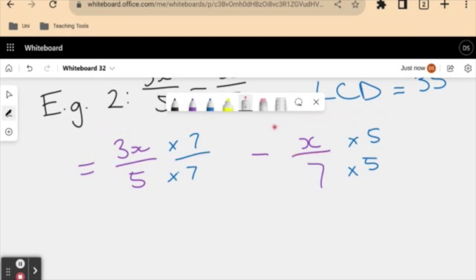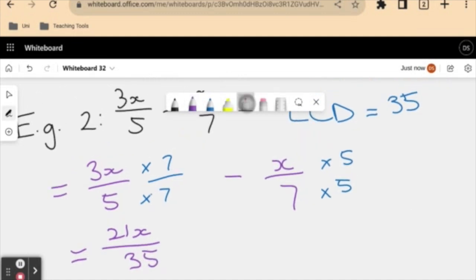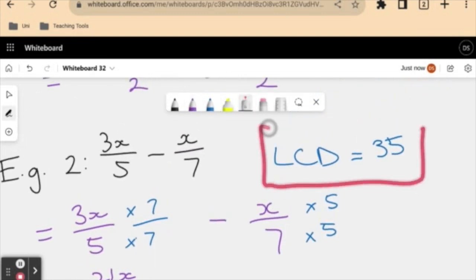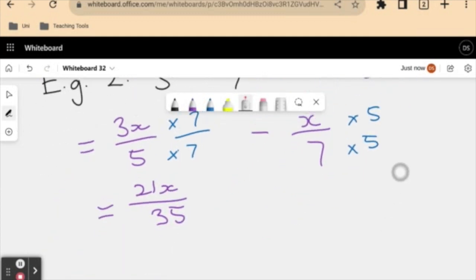So let's multiply top and bottom now, and we'll see what we get. On the top, 3x multiplied by 7 will give us 21x, and that's going to be over 35, which we wanted, right? Because that was our lowest common denominator.